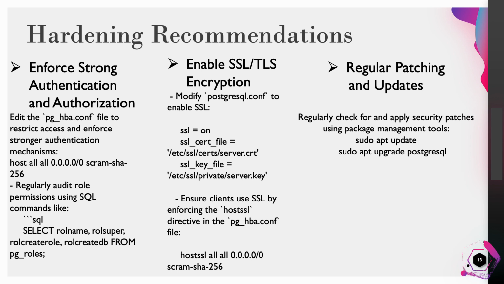Use strong passwords: ensure that all user accounts in PostgreSQL are protected with strong, complex passwords. Role-based access control: assign users to specific roles with the principle of least privilege in mind. Limit permissions based on the user's role and revoke unnecessary superuser or admin privileges.